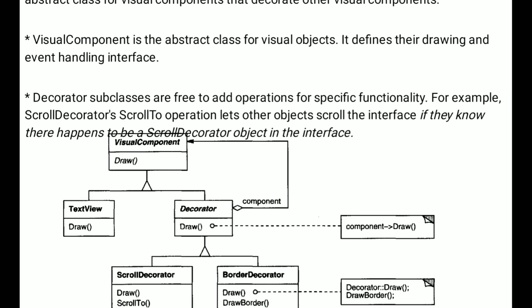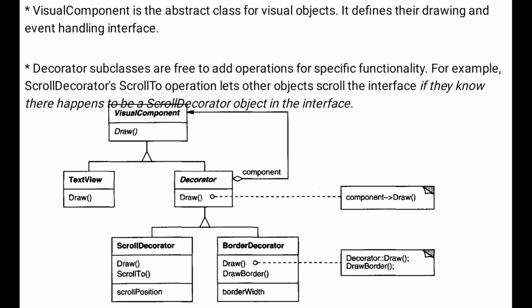In this structure we have the visual component class, under which again we have two subclasses. One subclass is the text view, and one more component is the decorator. The decorator is going to allocate responsibilities to any class dynamically, or during runtime.